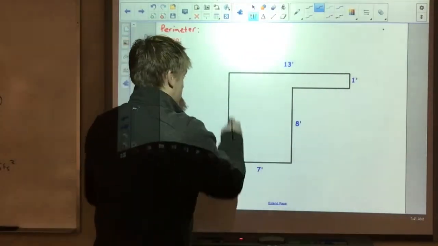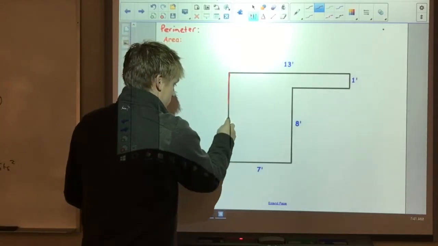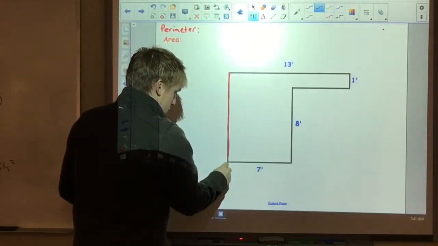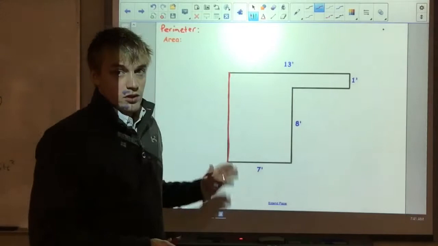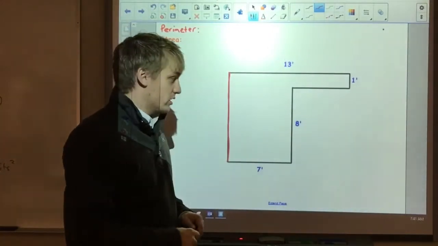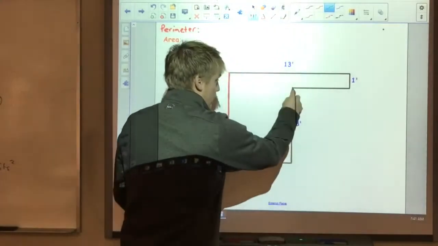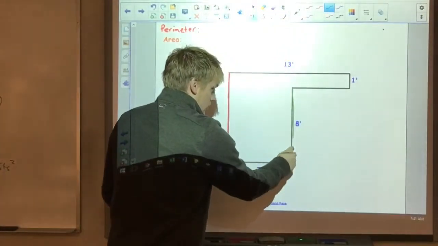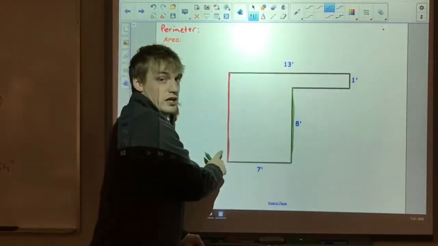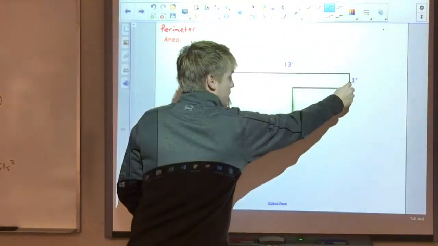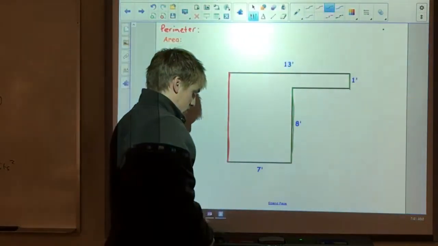So this line right here is equal to the parallel lines on the other side. If I draw a line on the parallel lines, this is parallel to this line, and this is parallel to this line.